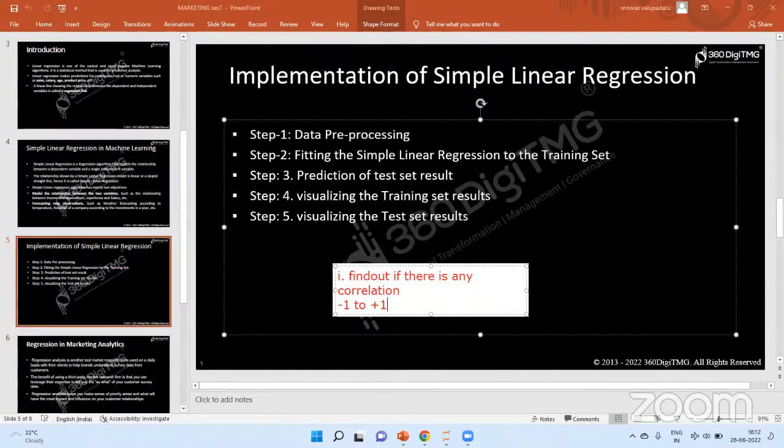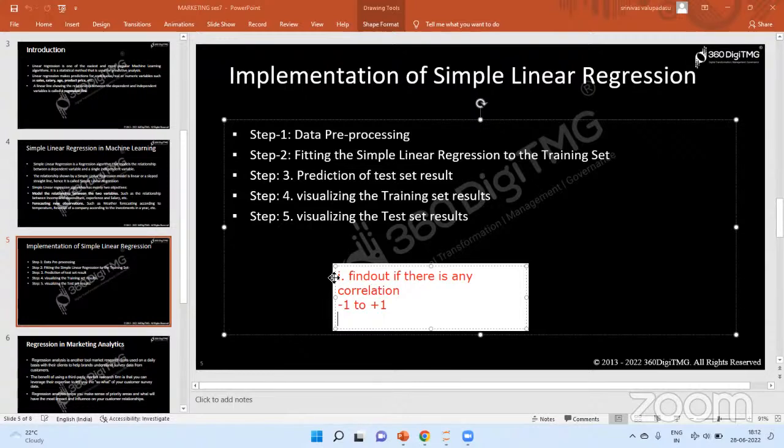Next, after finding the correlation, we need the best fit line for the data set. What should be the best fit line for the various data points, and what regression line is best fit for our model, we need to check.